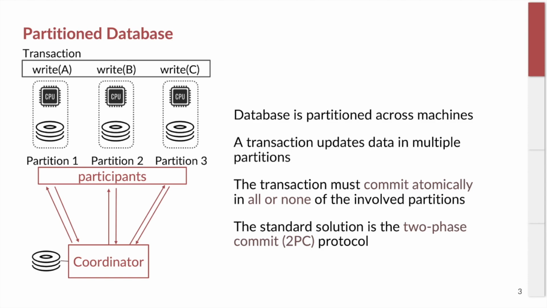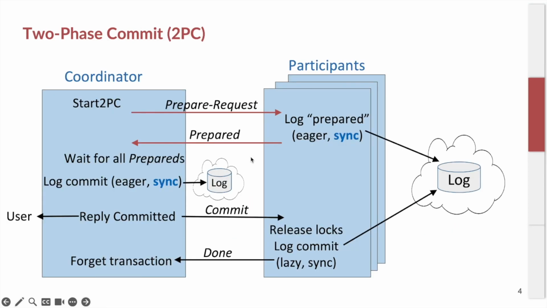Given a transaction, there is a process called the coordinator, which initiates two-phase commit, and each involved partition has a process called the participant that interacts with the coordinator. I will explain how two-phase commit works using this diagram. After a transaction terminates, it asks the coordinator to start the commit process.